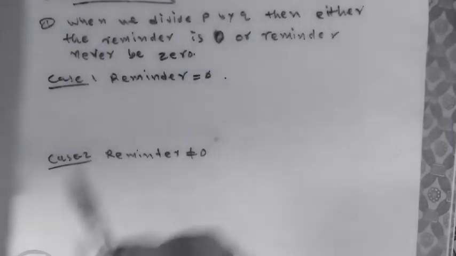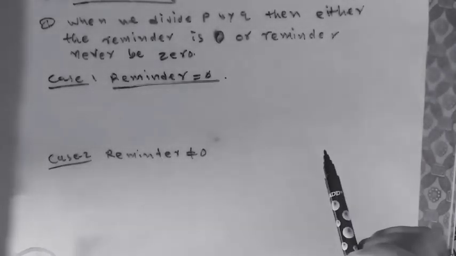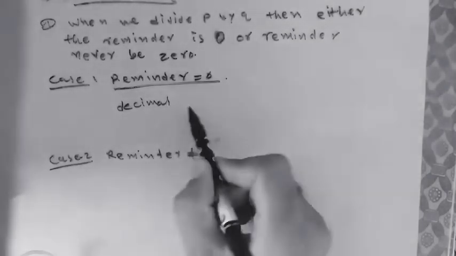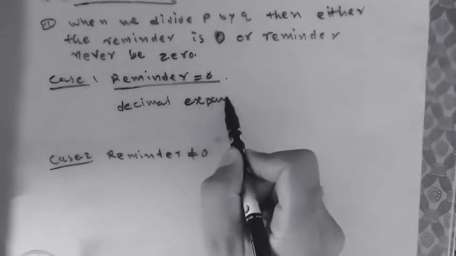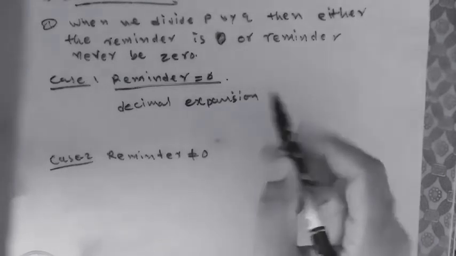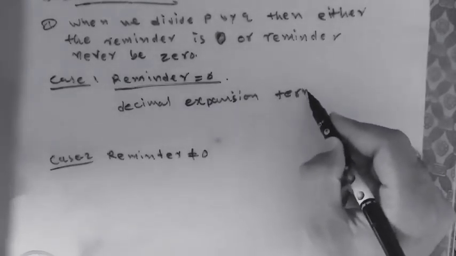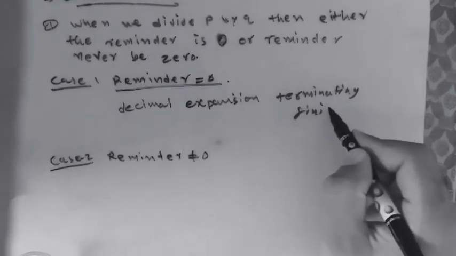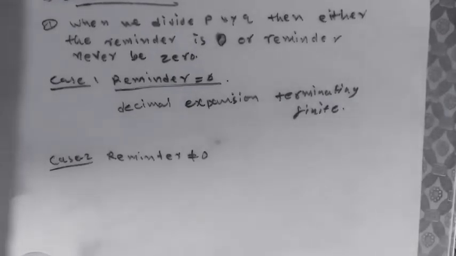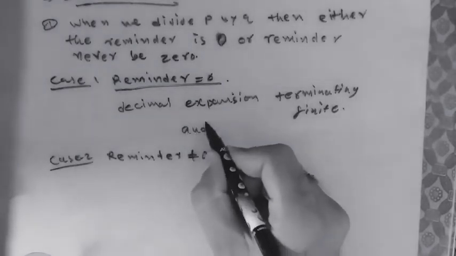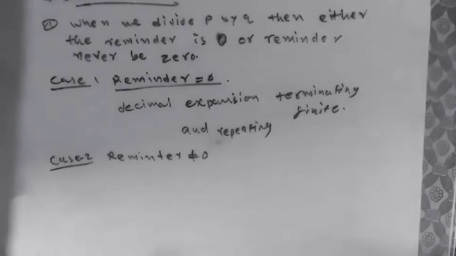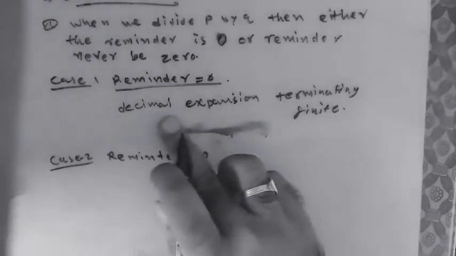So in the first case, if the remainder is 0, then the decimal expansion is terminating, is finite. Sorry, not repeating, only terminating.